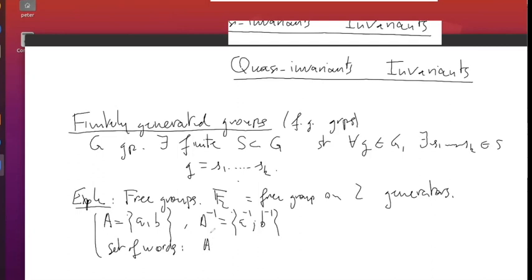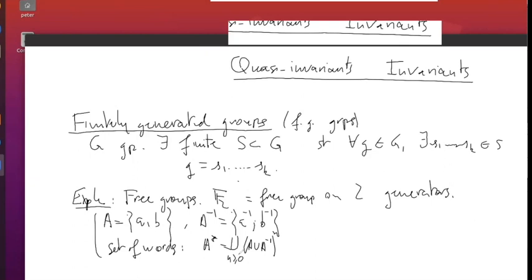These are finite tuples that you can write from letters A, B, and their inverses. Okay, and where I set A to the power 0 means that it's the empty word.